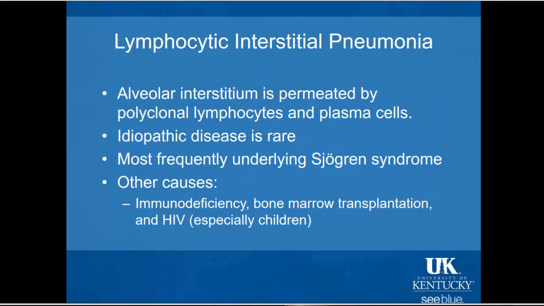Things like Castleman syndrome and some autoimmune thyroid disease, bone marrow transplantation as well can lead to that. Originally, they thought that LIP might be a precursor or could sometimes undergo malignant transformation to lymphoma. That's no longer thought to be the case.